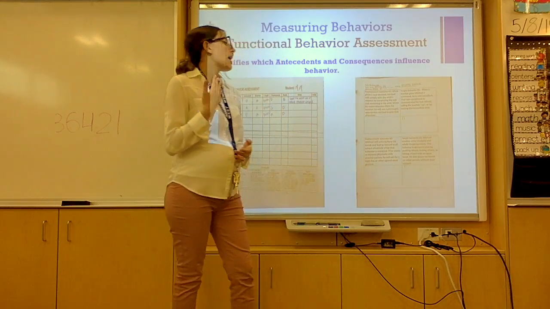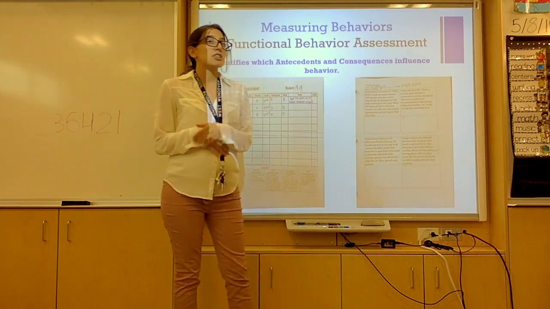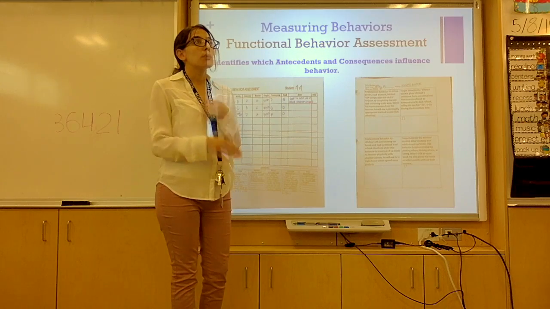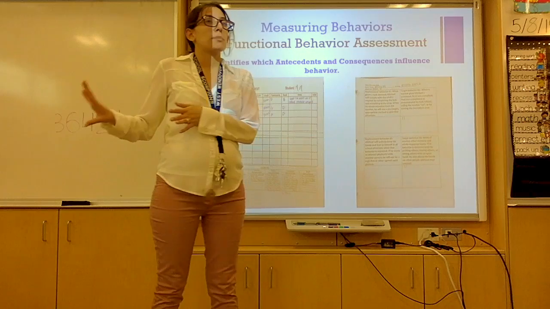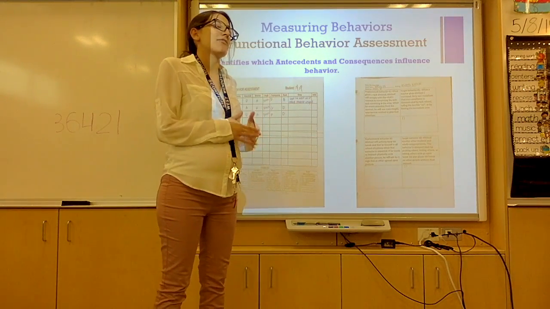Okay? So as we did these target behaviors, then we needed to start to implement some replacement behaviors. So we needed to come up with some strategies of how he could lean away from those target behaviors and start implementing these new behaviors that were positive for him.